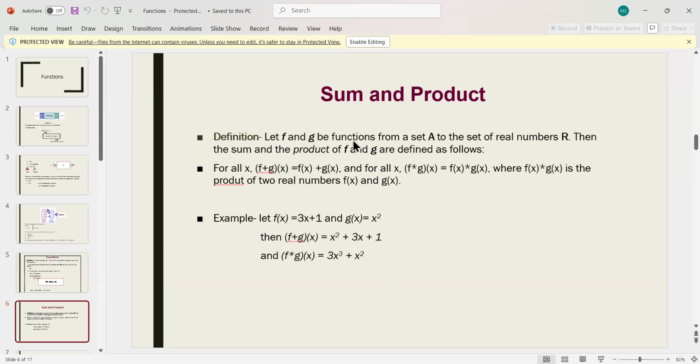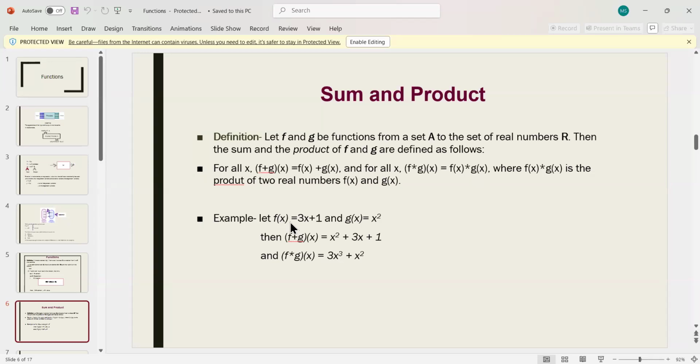Let f and g be functions from a set A to a set of real numbers R. Then the sum and product of f and g are defined as follows. For all x, (f plus g)(x) equals f of x plus g of x. If two functions are given, you can add them separately. And similarly, you can multiply f of x and g of x as the product.